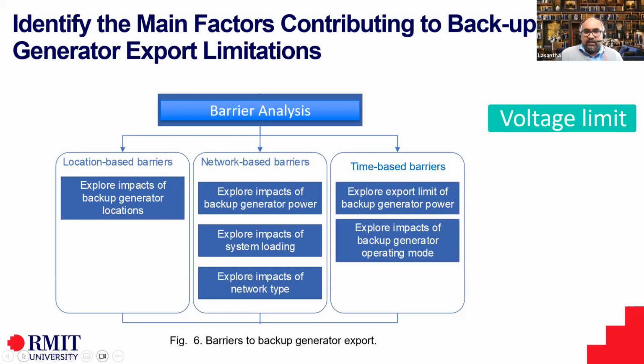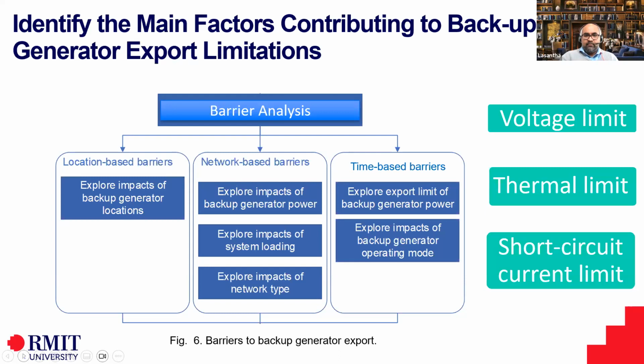And in terms of the technical side, we have looked at the voltage limits as one of the technical aspects which limits the exports, and thermal limits, and finally the short circuit limits. So in this presentation, I'm mostly going to talk about the voltage limits. And we found that in some cases the thermal limits can also play a part.